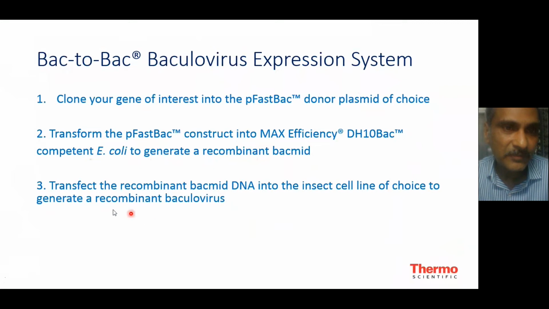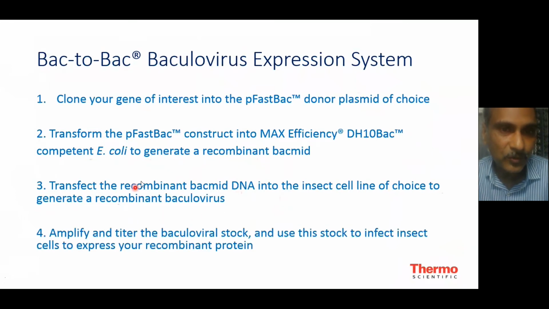Third step is to transfer the recombinant bacmid into insect cells to generate recombinant baculoviruses, and eventually we have to generate high titer baculoviruses. These viruses we use to infect more insect cells, and eventually when we have high titer baculoviruses, they are used for production of recombinant protein. Okay, so these are the steps involved in the production of recombinant protein using the Bac-to-Bac baculovirus expression system.